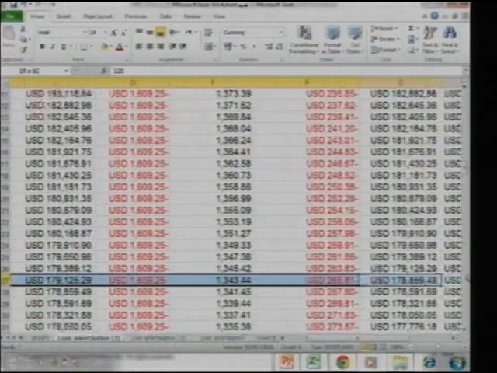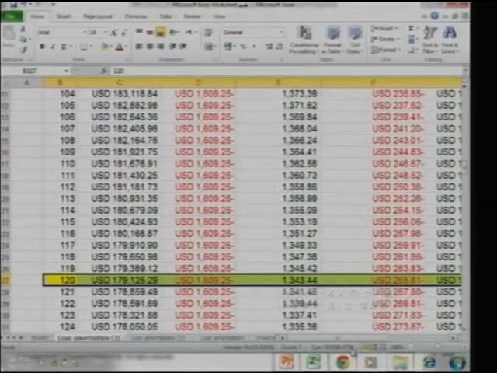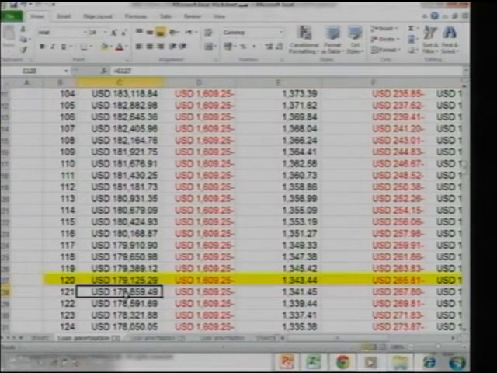I got 21. Point 20. Okay. This one. This is the due.